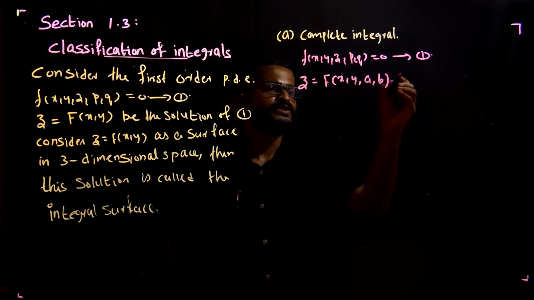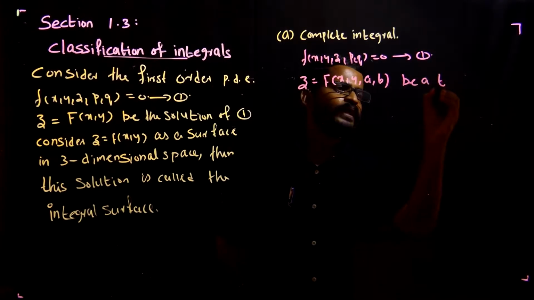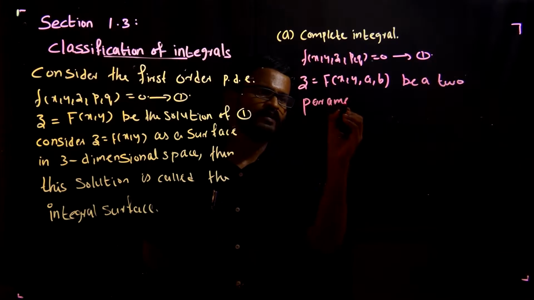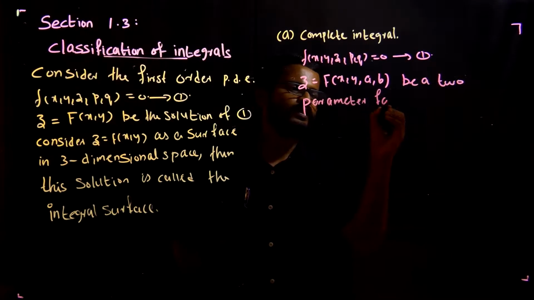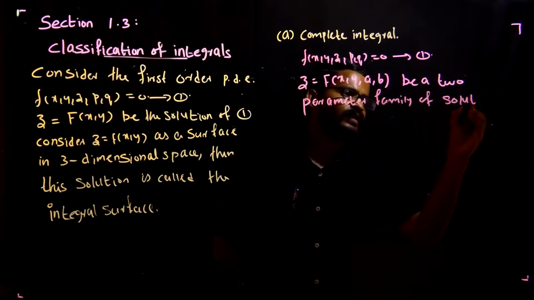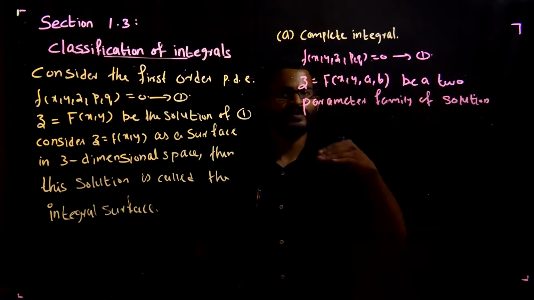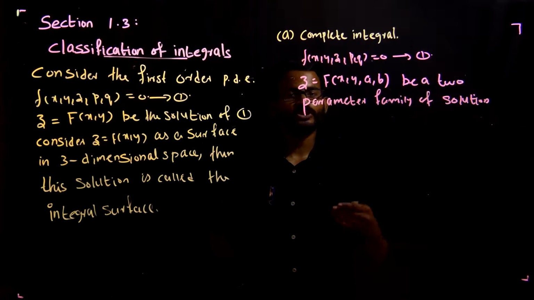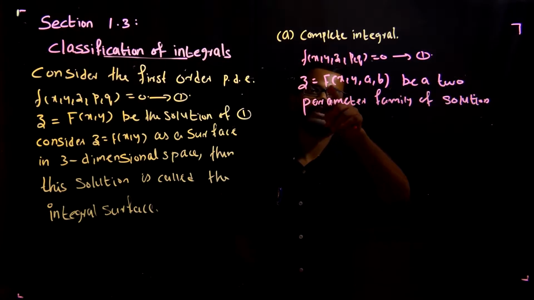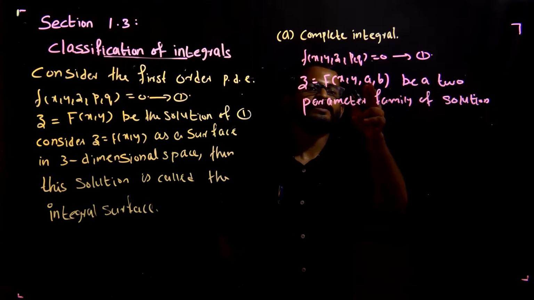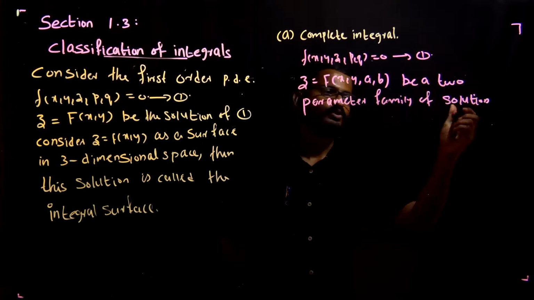Suppose z is equal to F of x, y, a, b be a 2-parameter family of solution.